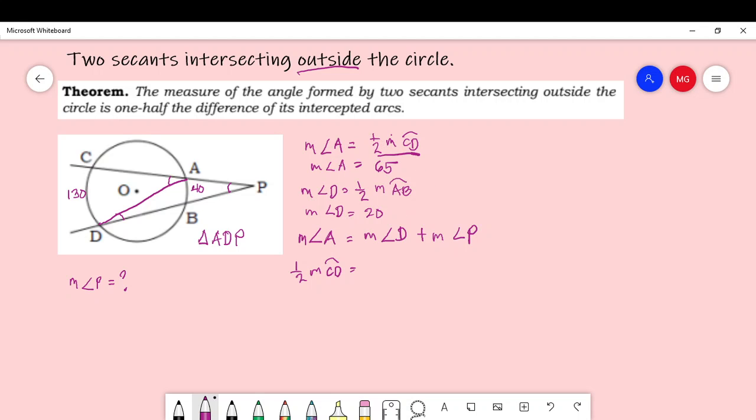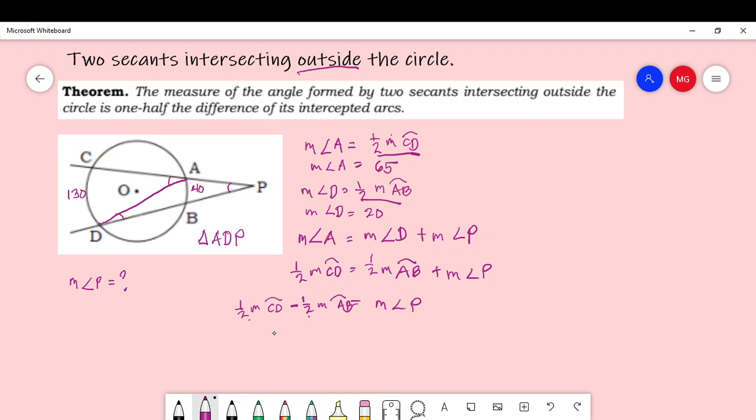Okay, substitute lang natin. So measure of angle D is 1/2 the measure of arc AB, plus measure of angle P. So, combining this together, we have 1/2 of arc CD minus 1/2 the measure of arc AB. So this is equal to the measure of angle P.